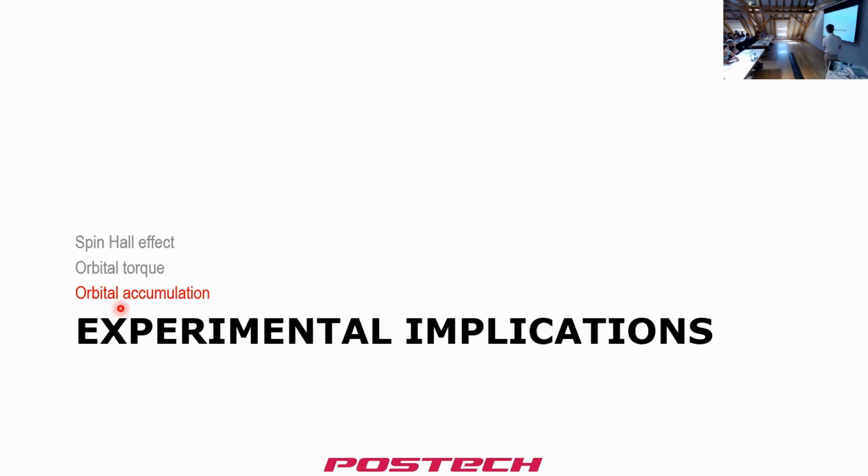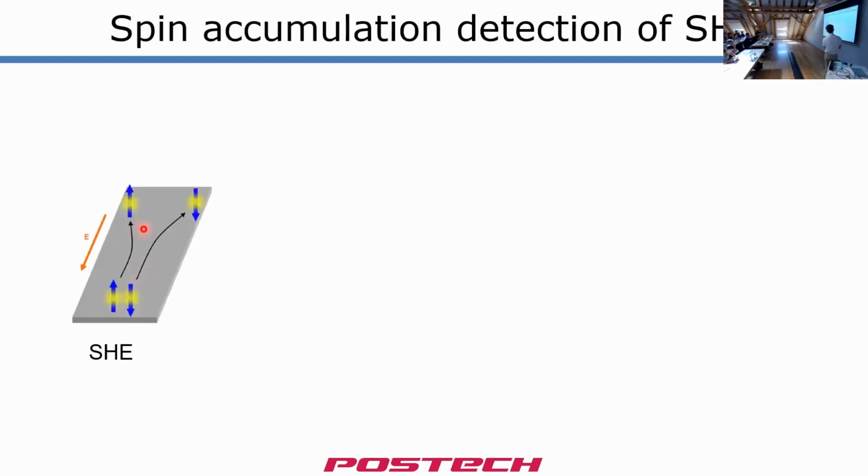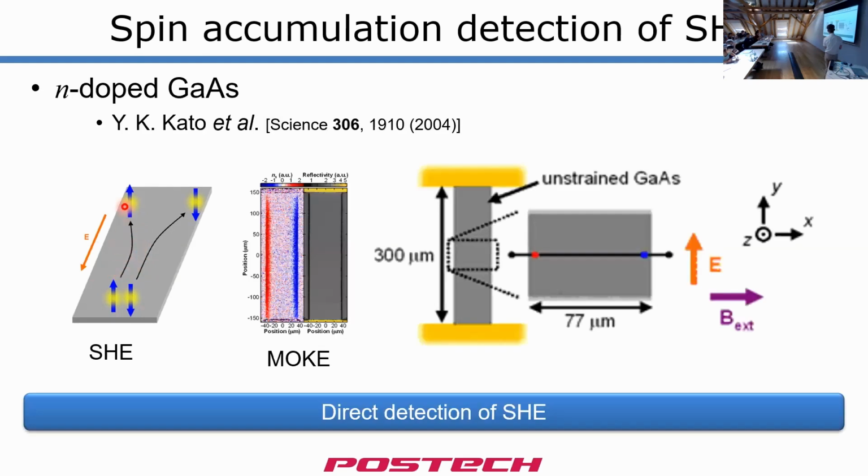Now, still another implication is orbital accumulation. Okay, so we know this is a very famous question. One way to detect the spin Hall effect is to measure spin accumulation on this side and this side. And exactly that experiment was done by Kato et al. in 2004. They used MOKE to measure accumulating spin on one side and the other side.